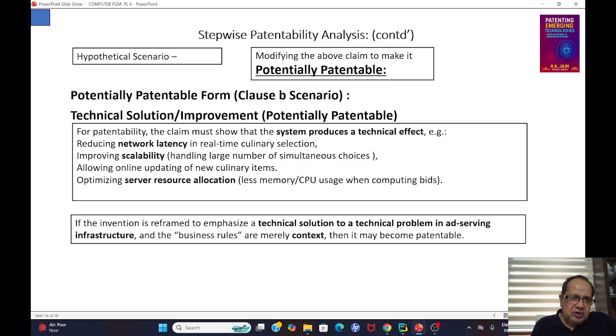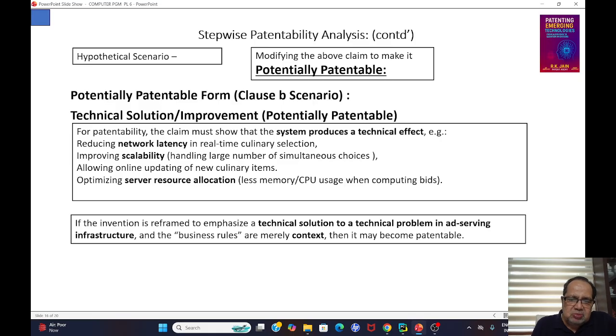This technical effect could be in the form of reducing network latency, so that real-time culinary selection can be made. We can improve scalability, so that a large number of simultaneous choices can be made.